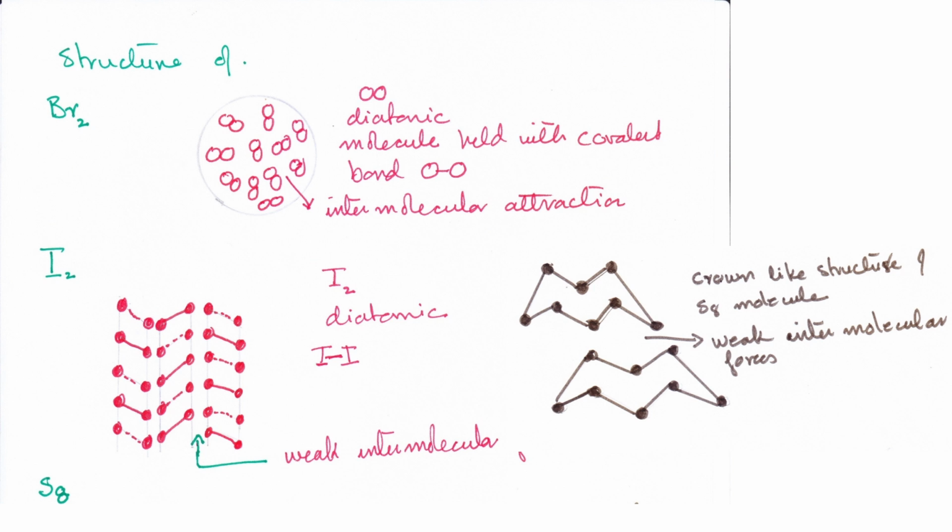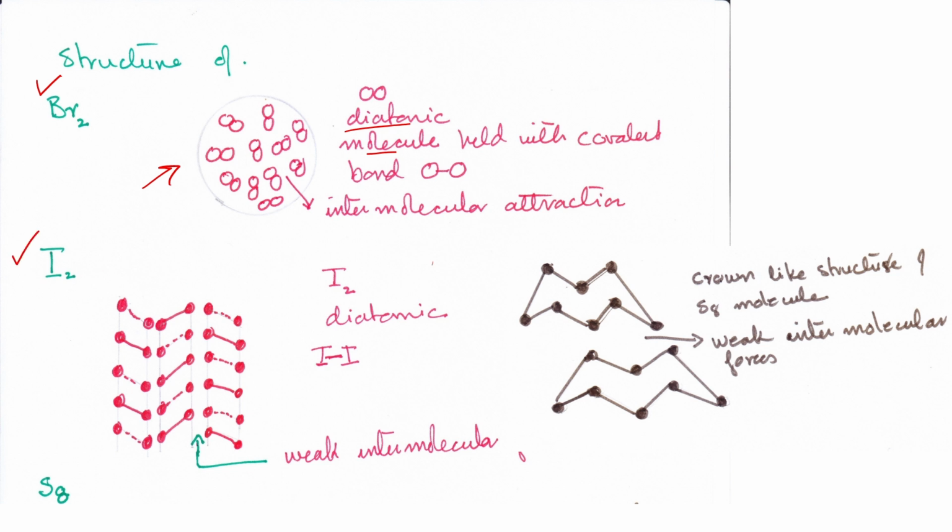Now I have drawn some structures of the covalent molecules and their lattices. Bromine, Br2: you can see diatomic molecules arranged in an irregular pattern at some distance from each other. They have weak intermolecular attractions. Now we have iodine.